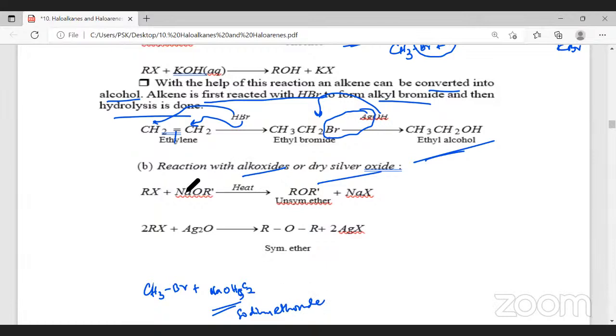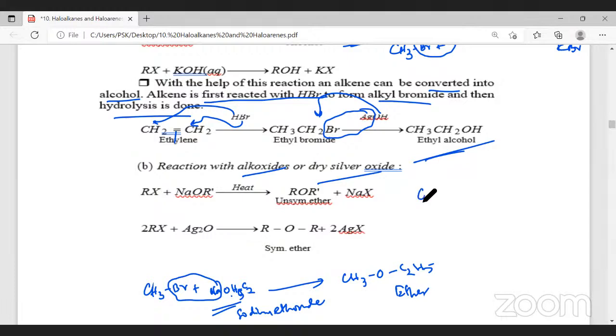In general, it's called a sodium alkoxide. Na and Br get eliminated as NaBr. What is left out? I have CH3, O, and C2H5. This is nothing but an ether.